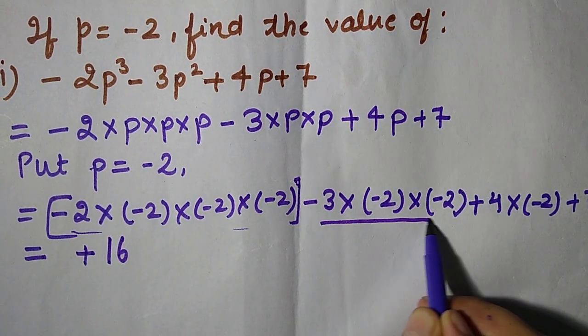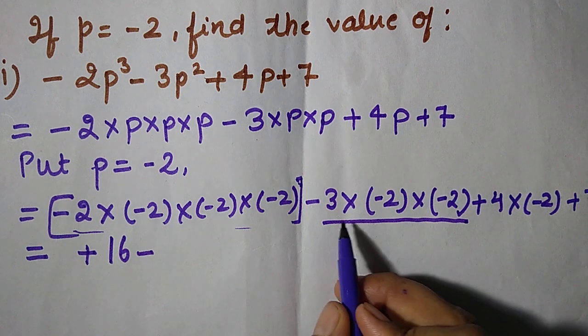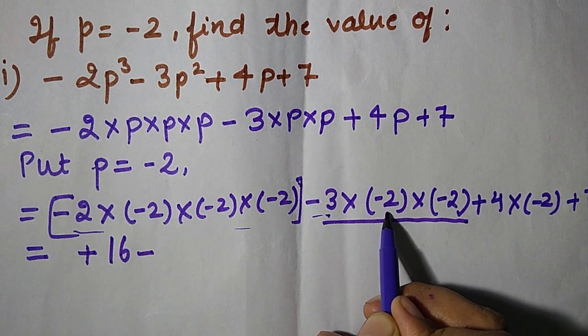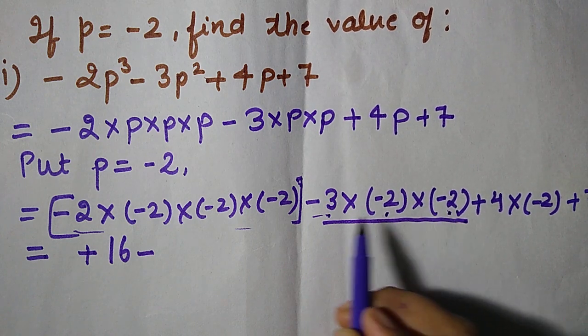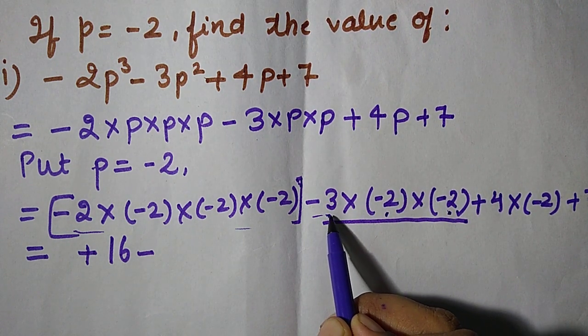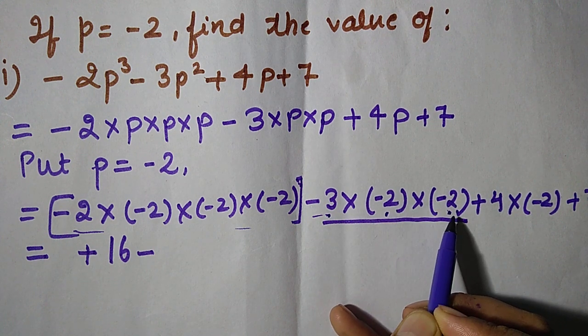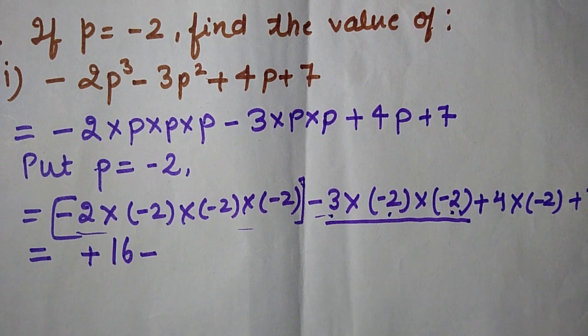Now I will solve this term, that is 3. If I am taking minus 3 into minus 2 into minus 2, here minus 3 into minus 2 is plus 6, and plus 6 into minus 2 is minus 12.